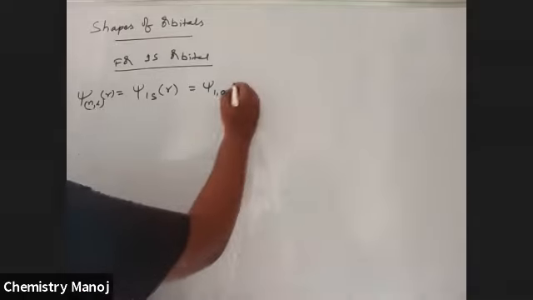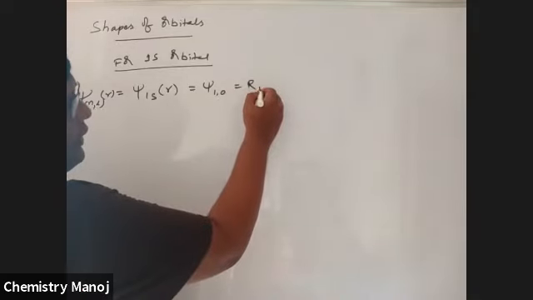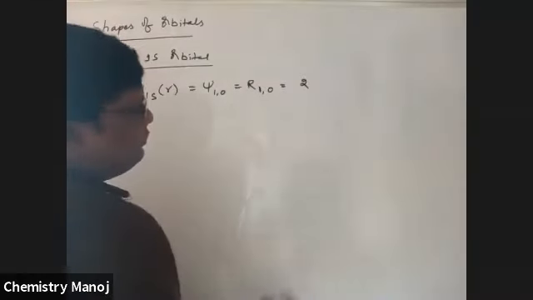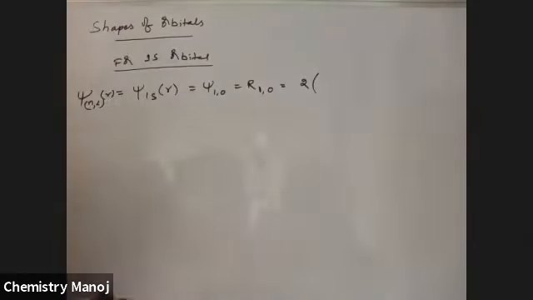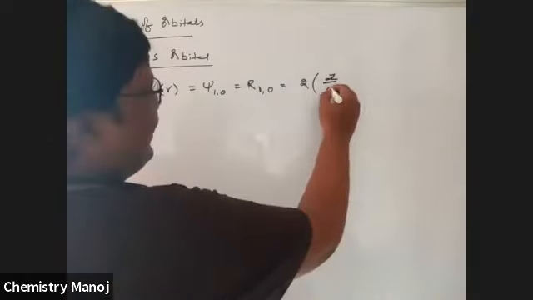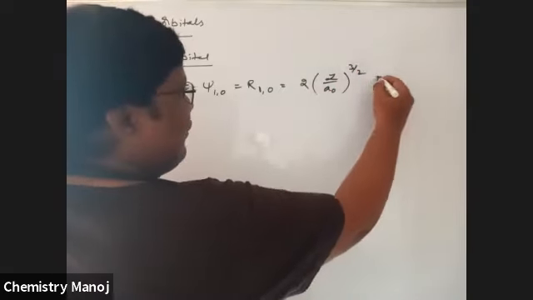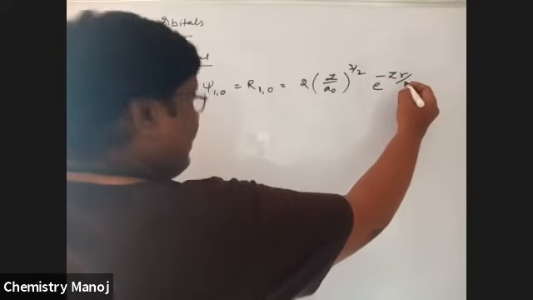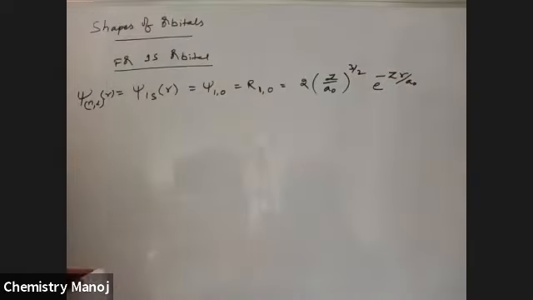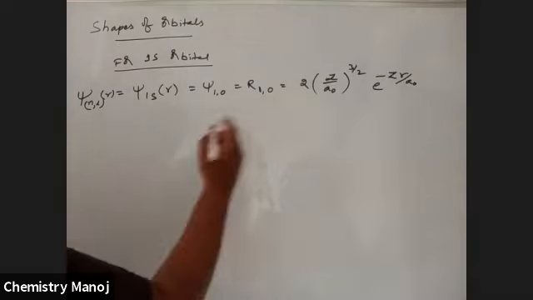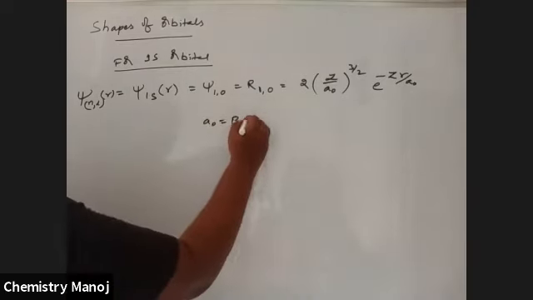This is also taken as the radial distribution R 1,0, which is equal to 2 into (Z by a naught) power 3 by 2 into e power minus Z R by a naught. It is a derived equation, no need to derive this, you should remember it. This is the radial function given for the 1s orbital. Here, a naught is Bohr's radius.